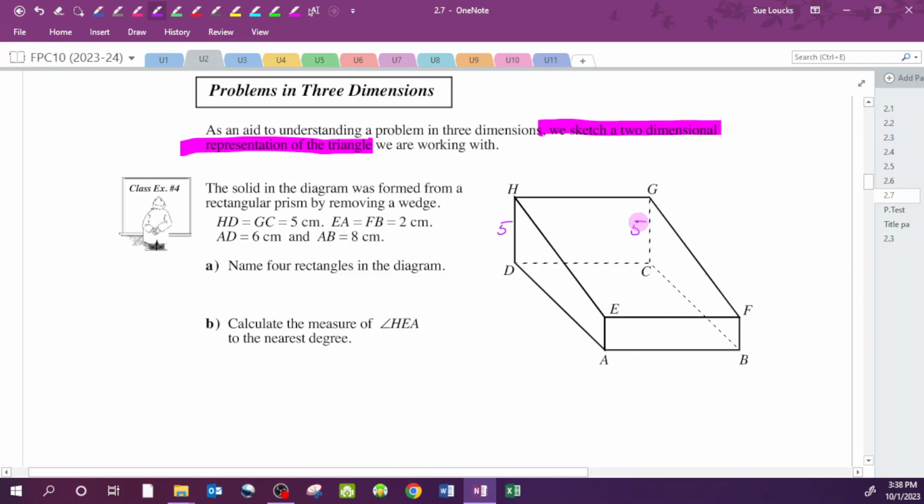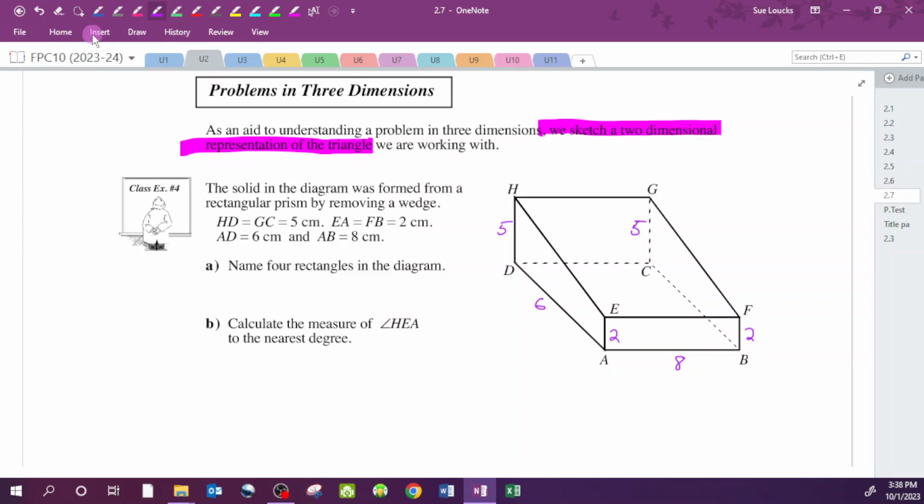And EA equals FB, those are both 2. So that one's 2 and that one's 2. And AD, the side of the original box, is 6, and AB is 8. Notice that does not look like it's to scale, does it? No.